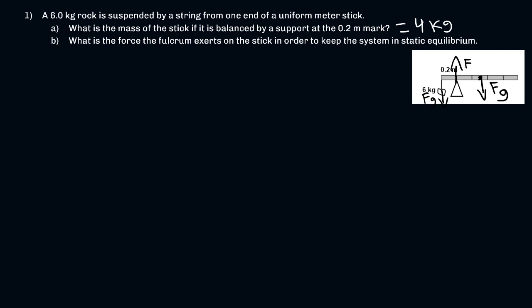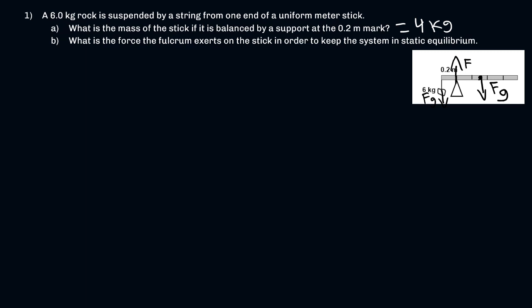And in order to be in static equilibrium again, the sum of all forces must be equal to 0. So let's see what we're going to have here, just based on our free body diagram and where the forces are pointing. What are the sign conventions of these forces? It looks like we have two downward forces, two forces of gravity based on the rock and the meter stick, and an upward force of the fulcrum on the meter stick.